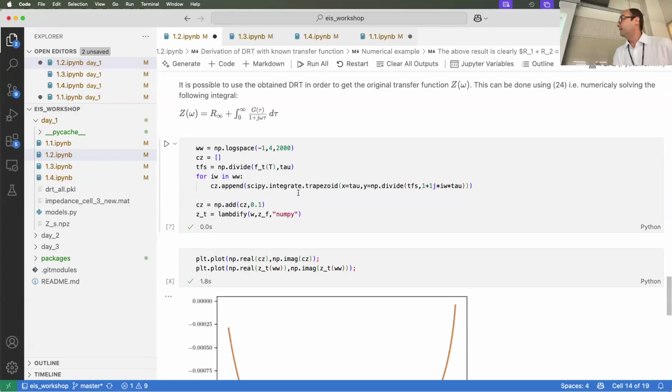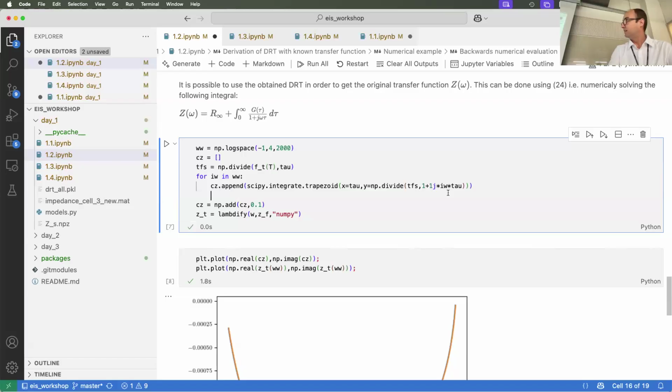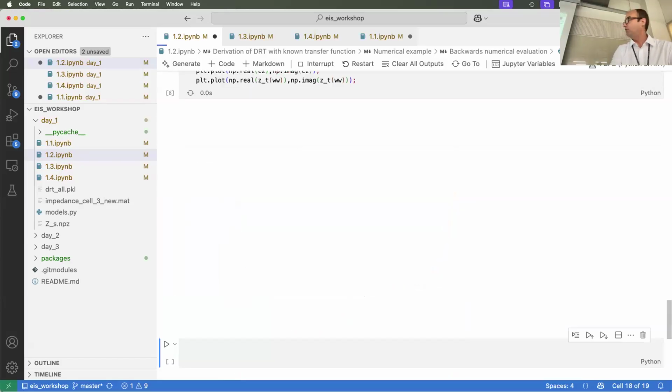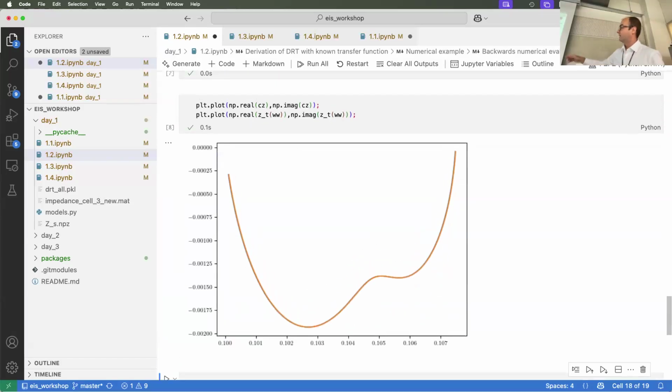What I do is simple trapezoid, and then I divide it by 1 plus jω tau. I integrate it, plot it. So the blue line, which is not visible, is the theoretical impedance. The orange one is obtained by numerically integrating the DRT.